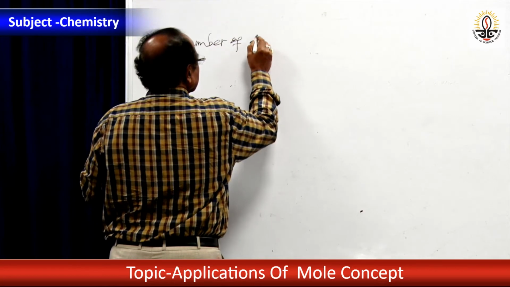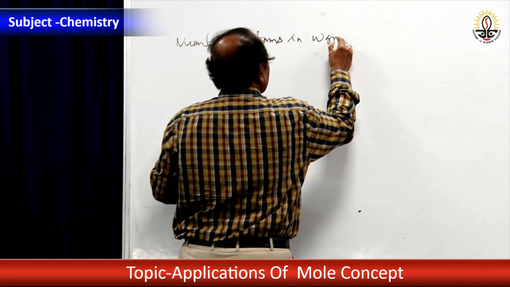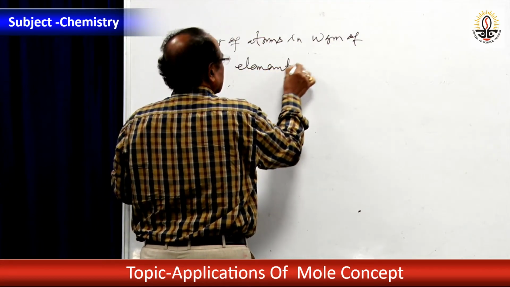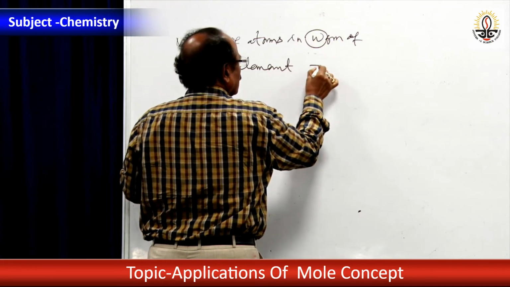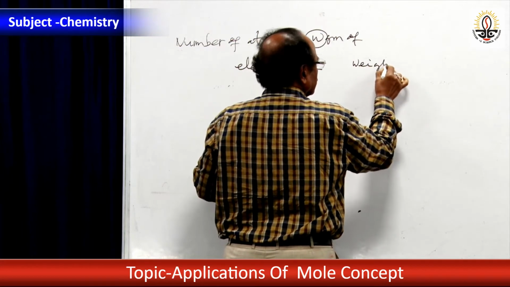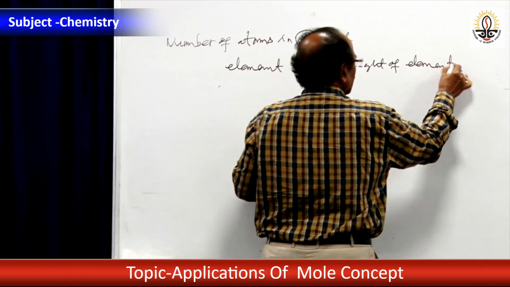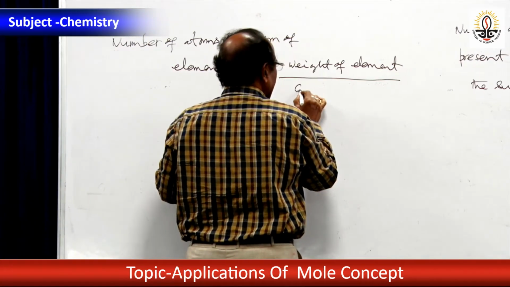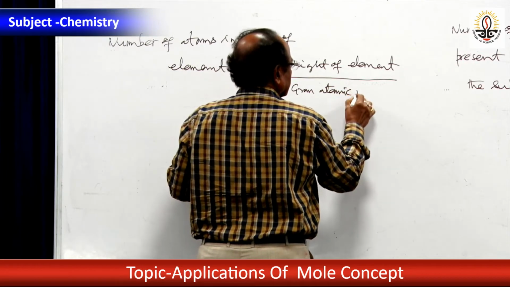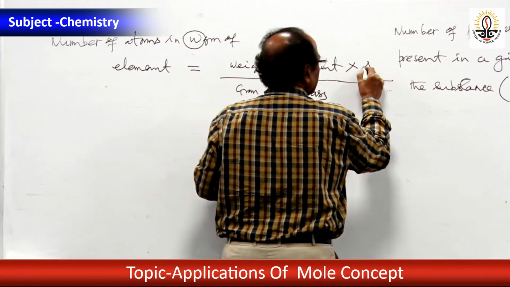So, the number of atoms in W gram of element: we will convert the W gram of element into moles. So, the weight of the element, we will divide it by gram atomic mass and multiply this by Avogadro number.